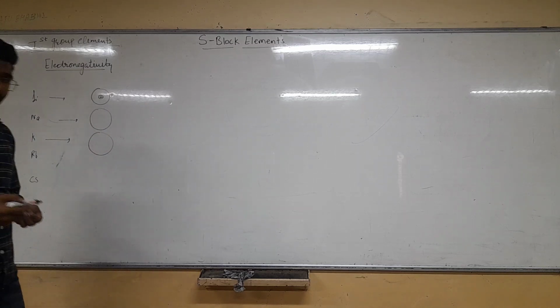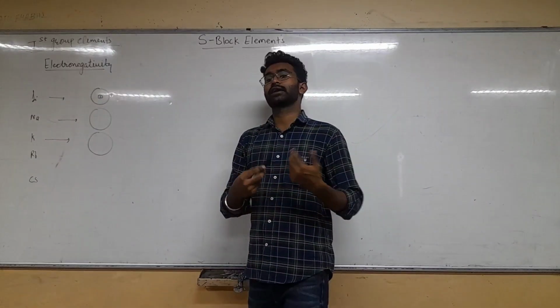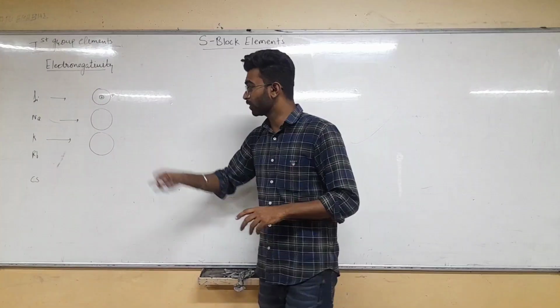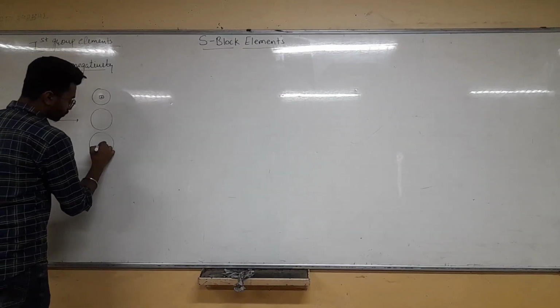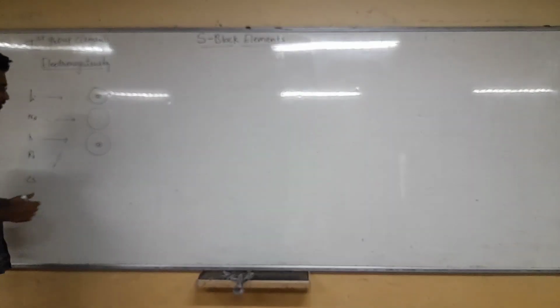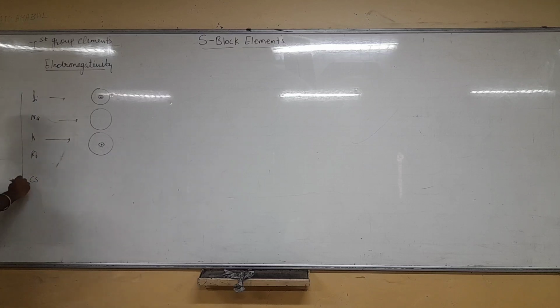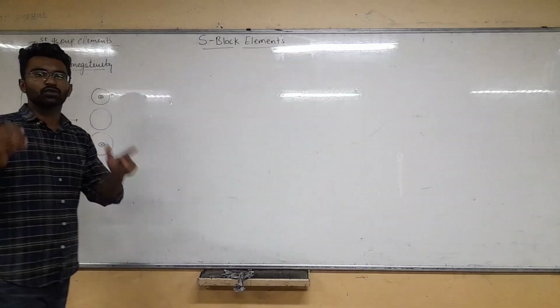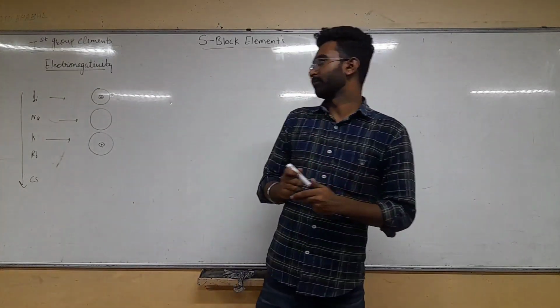So when a new electron comes to the shell, it has to be attracted by the attraction force of the nucleus of the atom. But the outer shell is going far from the nucleus. So going down the group, the electronegativity of the first group elements decreases regularly.